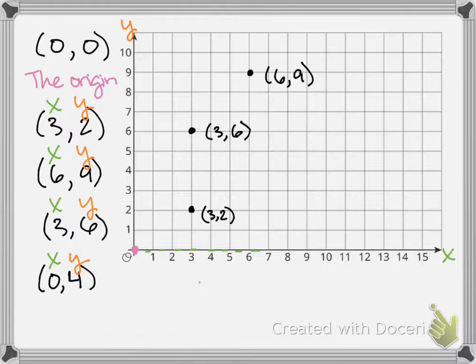But in this case, I notice that my X number is 0. So instead of traveling along, I actually have nowhere to travel. I'm staying right there at 0. And then I'm going to travel up my y-axis to 4.